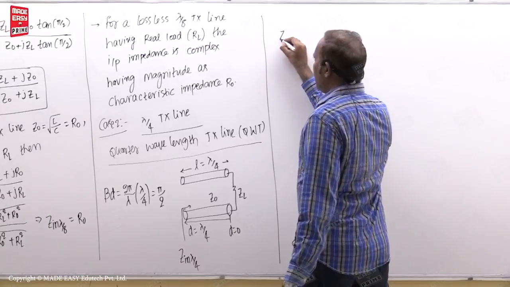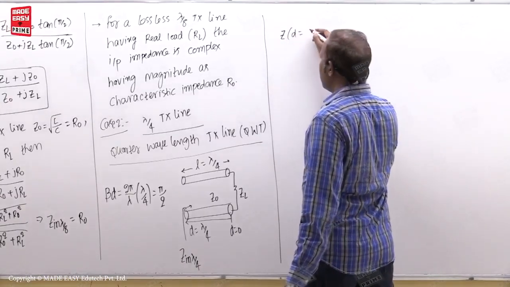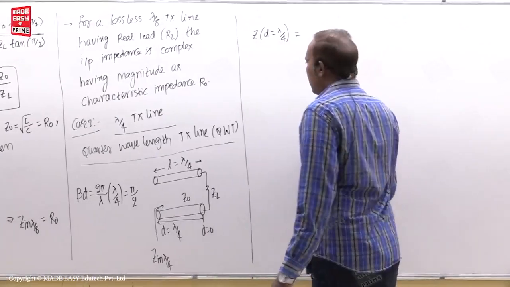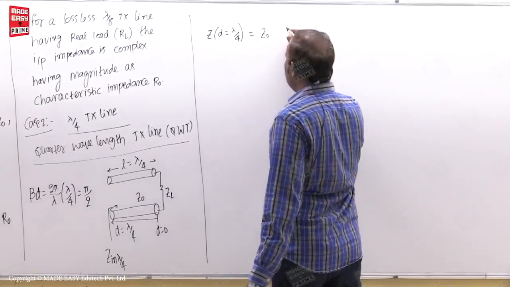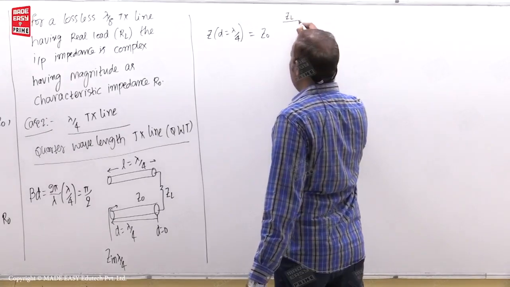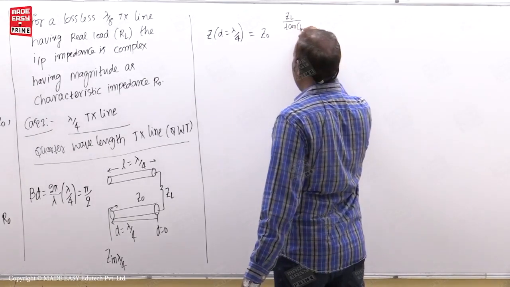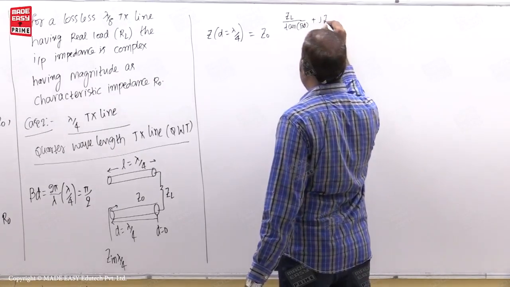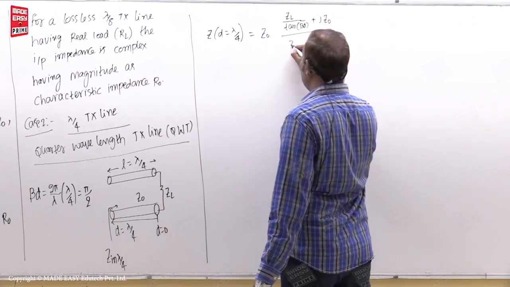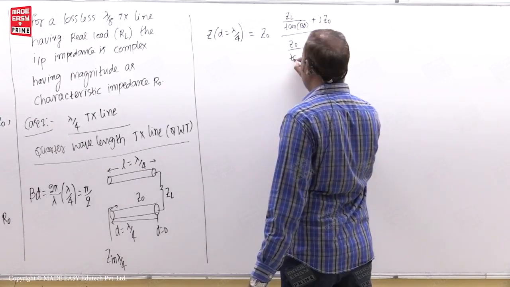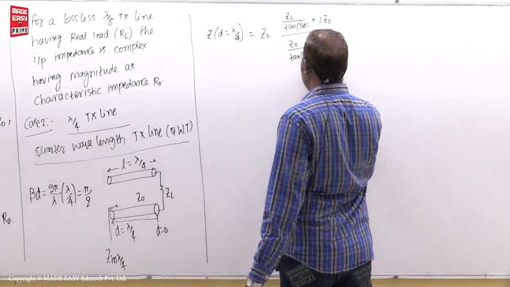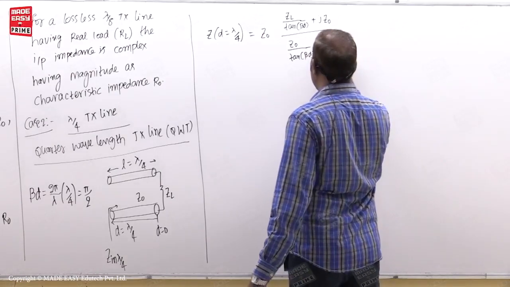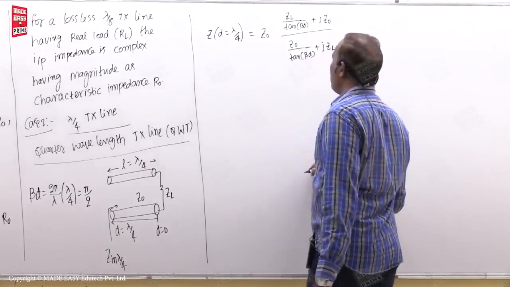Now here if you take d equal to lambda by 4, I will do one thing. This is Z0, then ZL divided by tan βd, plus jZ0 divided by, here Z0 divided by tan βd plus jZL.